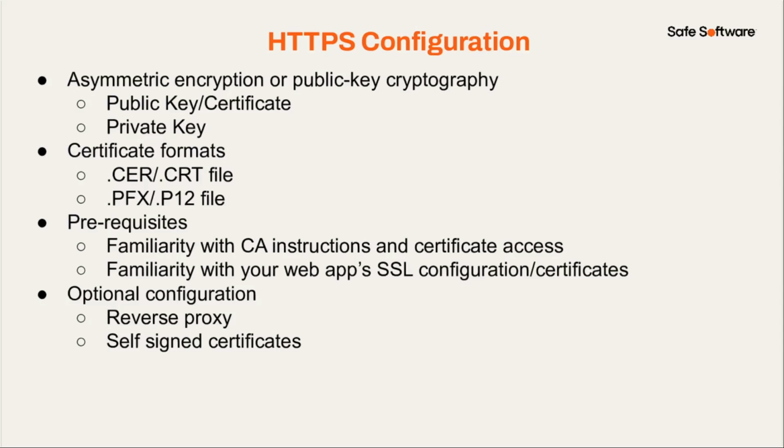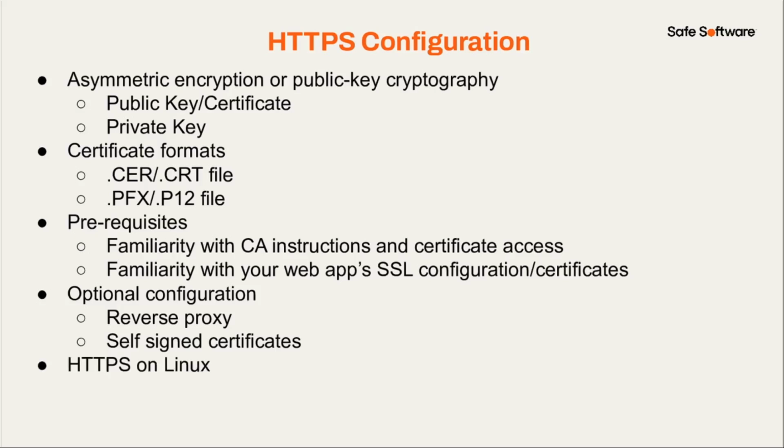We do have some instructions on how to set up HTTPS for popular reverse proxies like Microsoft IIS and Nginx. And although it's not recommended for production environments, we also have some instructions on how to use self-signed certificates. Again, you can use them on dev, test, or maybe staging environments, but not for production.